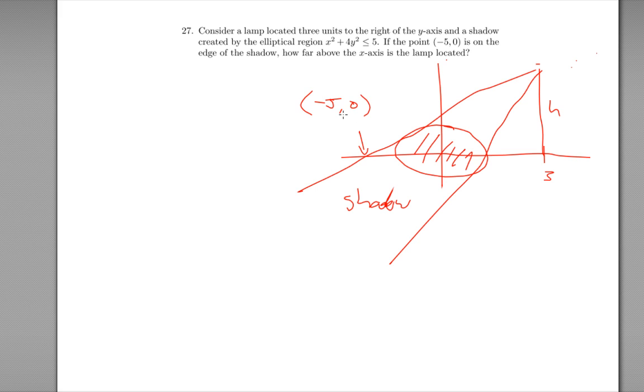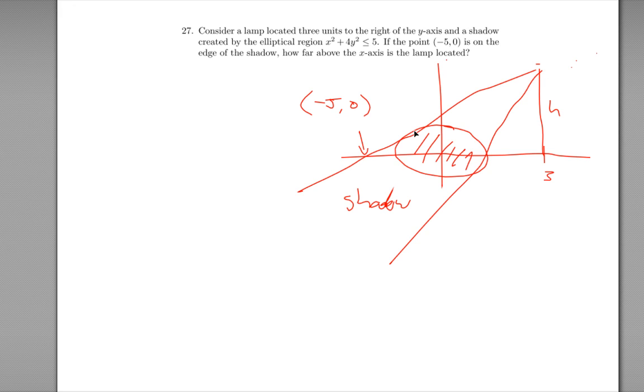Okay, the question is, what should h be? This is the question. Okay, so how are we going to solve this? So, the first thing we're going to notice is that this line of this shadow is a tangent line to this ellipse.